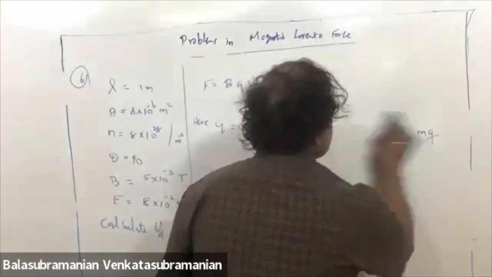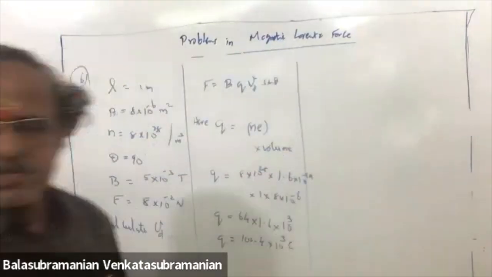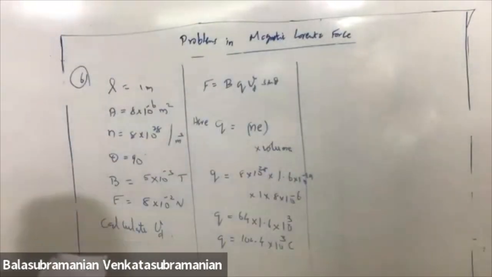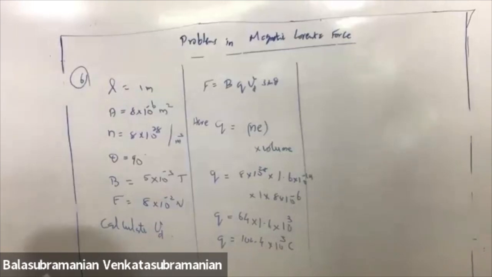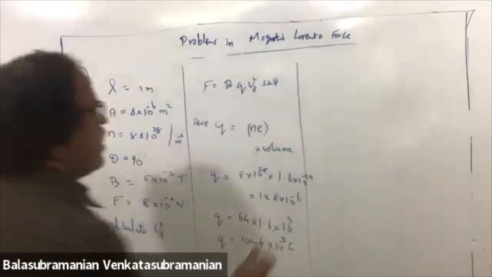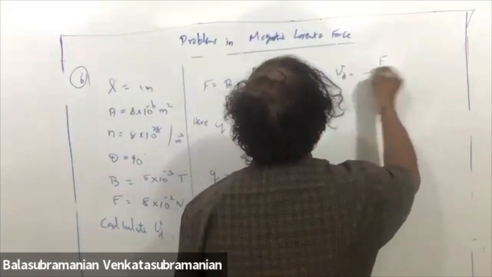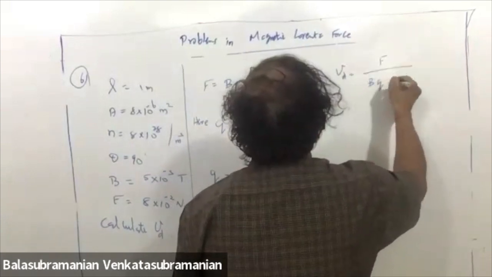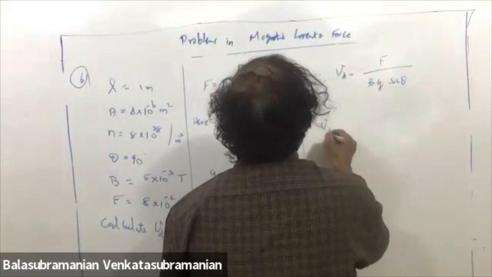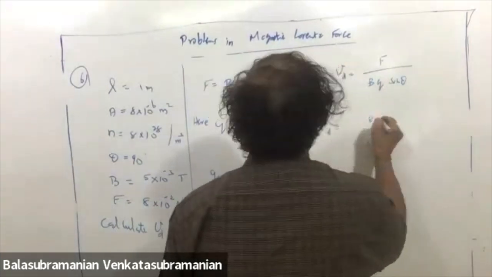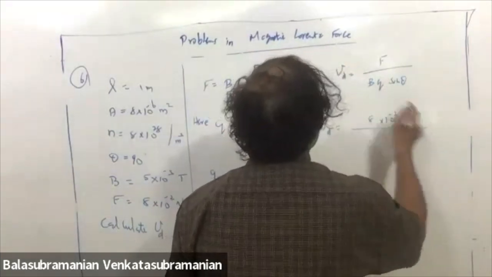Okay. So V D, therefore velocity will be F by B Q sin theta. F 8 into 10 power minus 2.